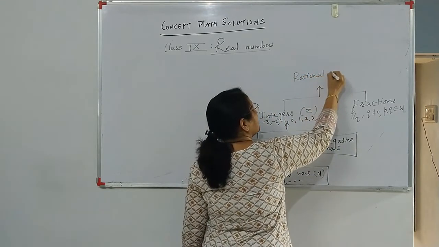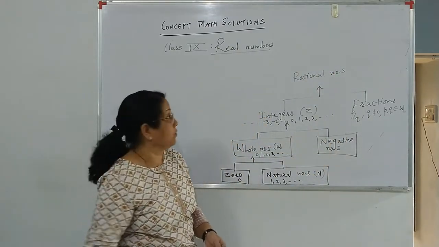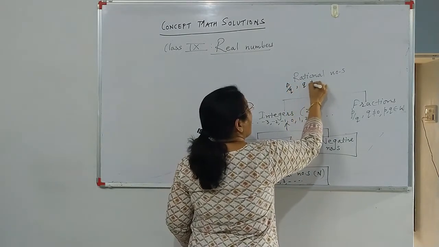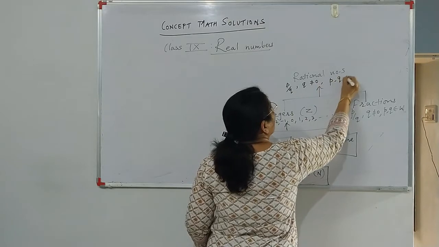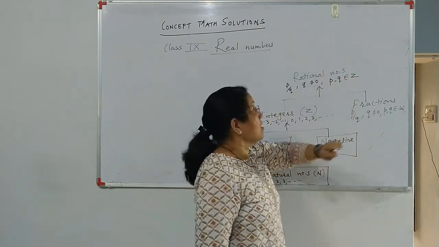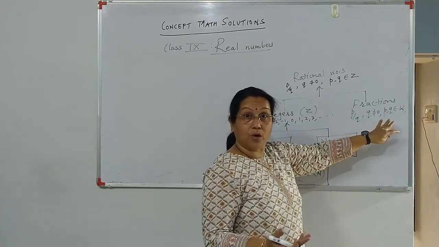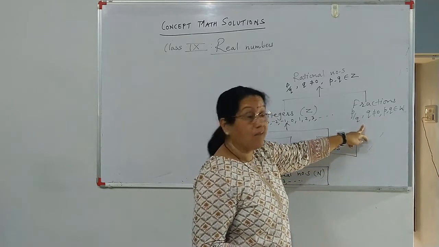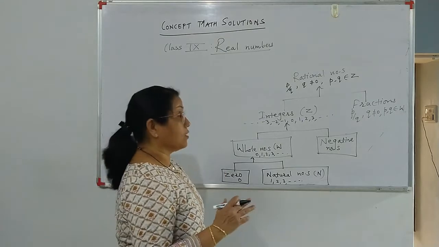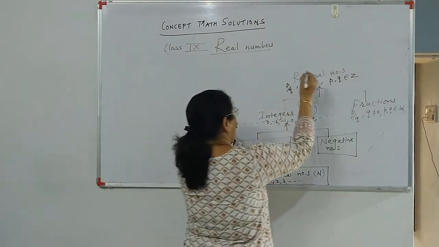So rational numbers are also numbers of the form p by q, where q is not 0 and p and q belong to Z, integers. That's the difference between rational numbers and fractions. For fractions, p and q are whole numbers and q is not 0 because division by 0 is not defined. Rational numbers are also of the form p by q, where q is not 0 but p and q belong to the set of integers.